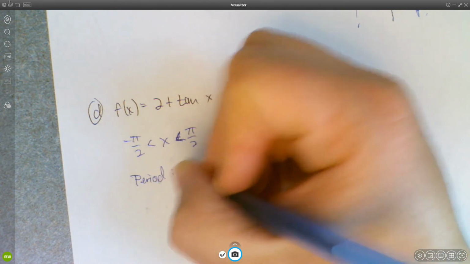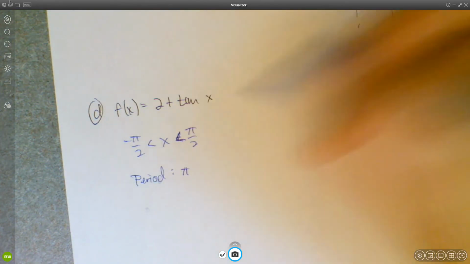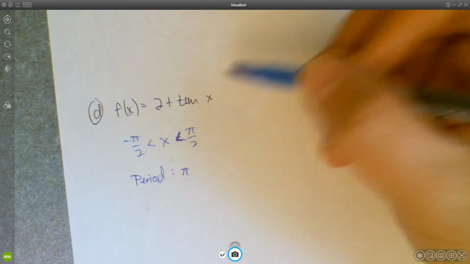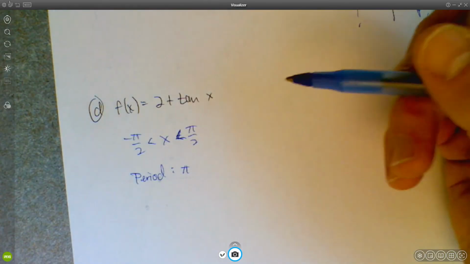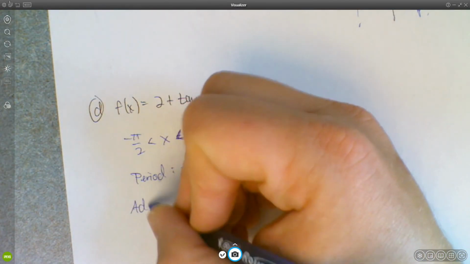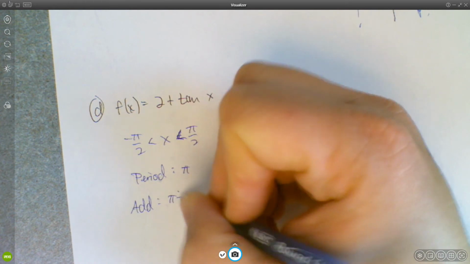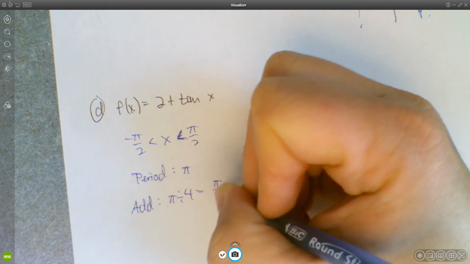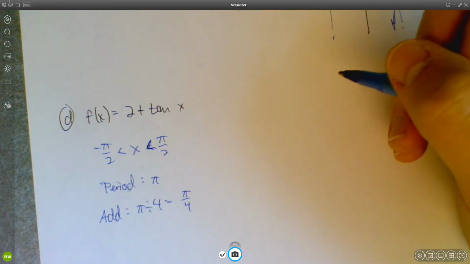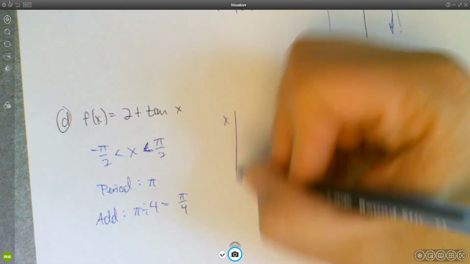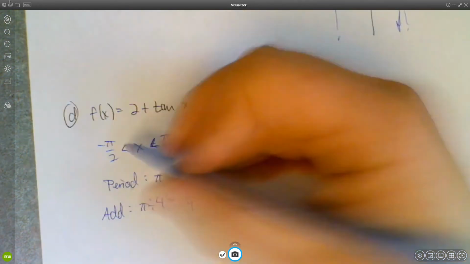There's been no horizontal stretching or anything like that. So the period is pi, so you're going to add pi divided by 4, in other words pi over 4, starting at negative pi over 2.